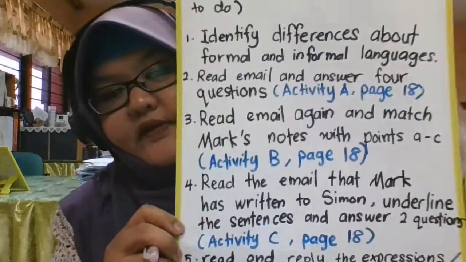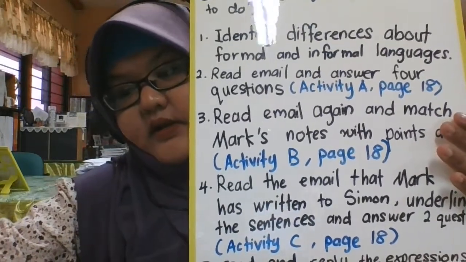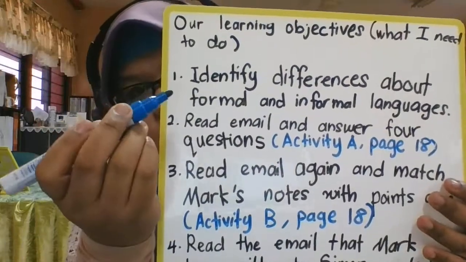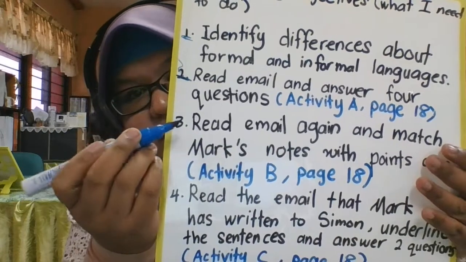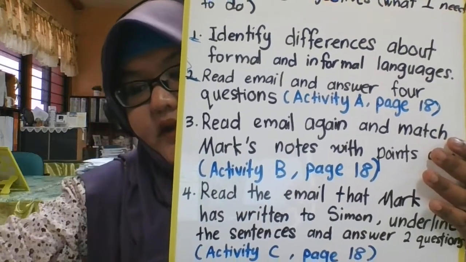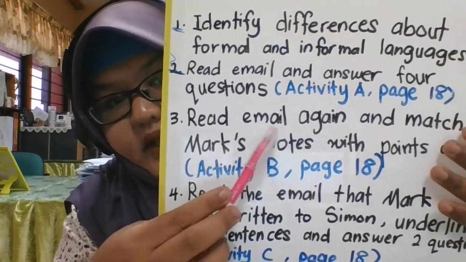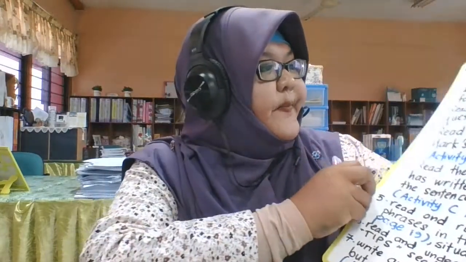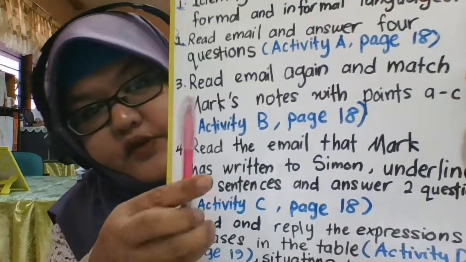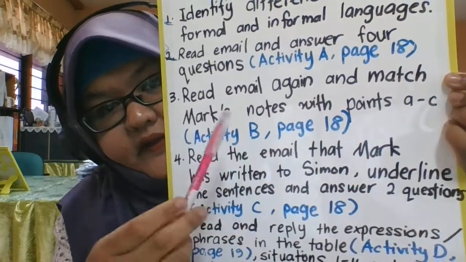What about this? Okay, the next one. So after you have done number 1, after you have done number 2, you need to do number 3. What is it? Read the email again, and match Mark's notes with points A to C. This is activity B on page 18.